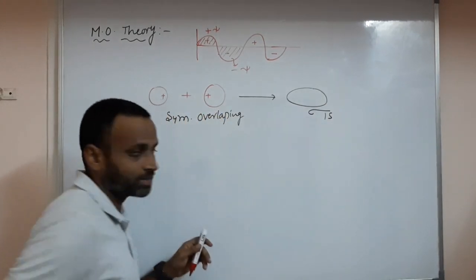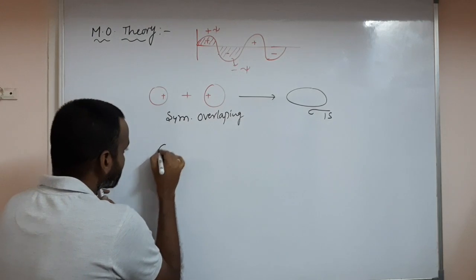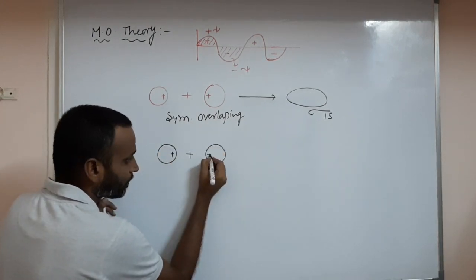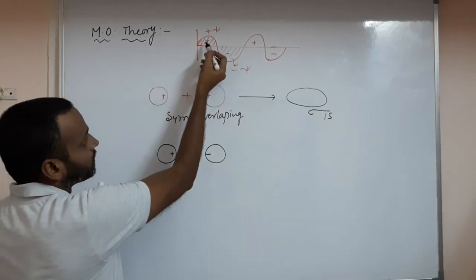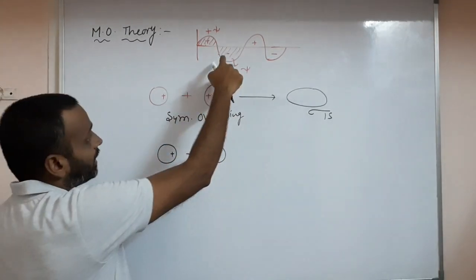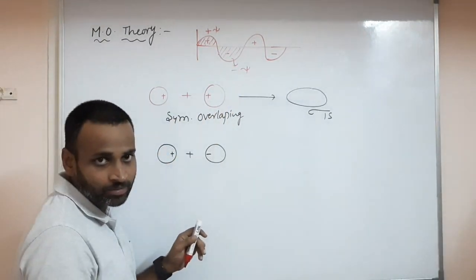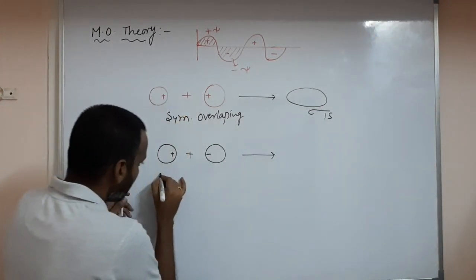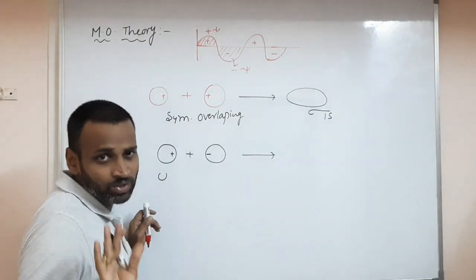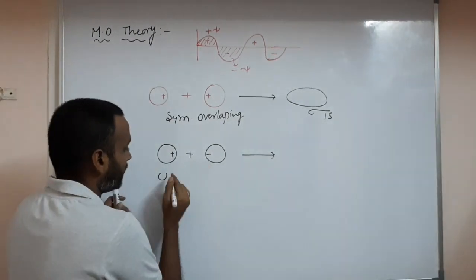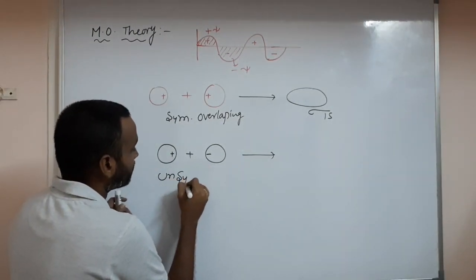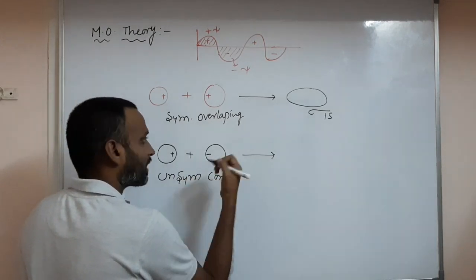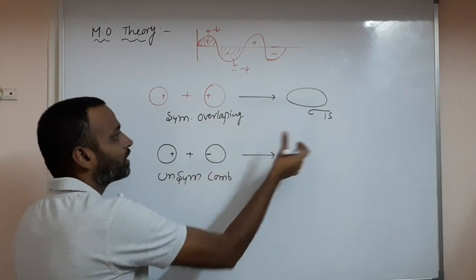Sigma 1s, like this. Now, s orbital plus another s orbital of another atom minus means positive probability of one atom and negative probability of another atom for finding the electron. When they combine, it is called an unsymmetrical combination. You can say overlapping, but they are forming molecular orbitals.